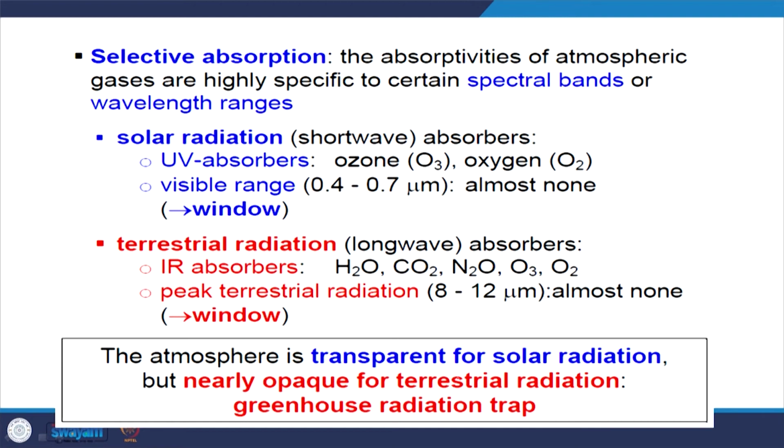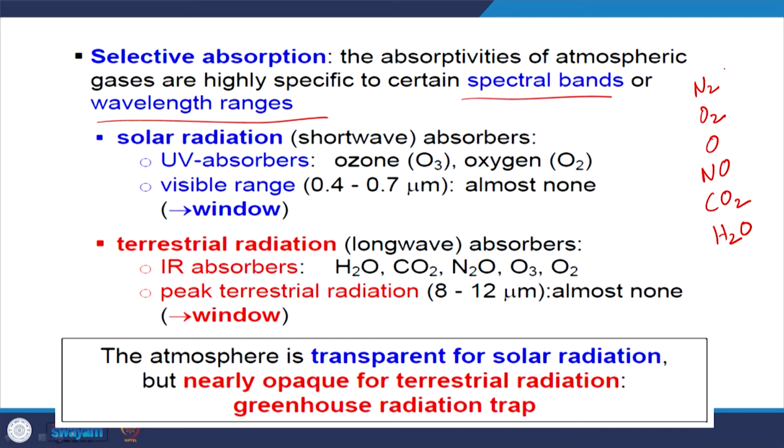Now, we talk about what is called selective absorption. The absorptivity of atmospheric gases is highly specific to certain spectral bands or wavelength ranges. That means, you consider N2, O2, O, nitric oxide, CO2, H2O. These are different species which are present in the atmosphere, in different concentrations of course.